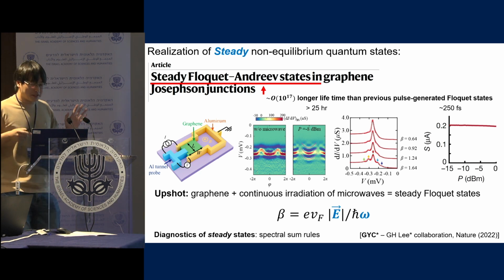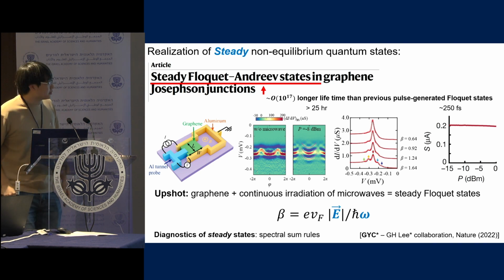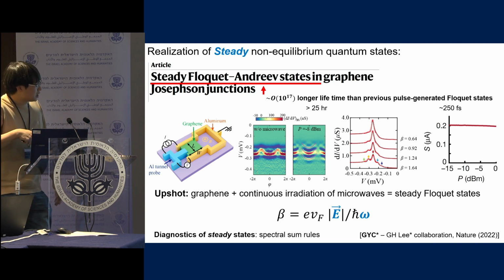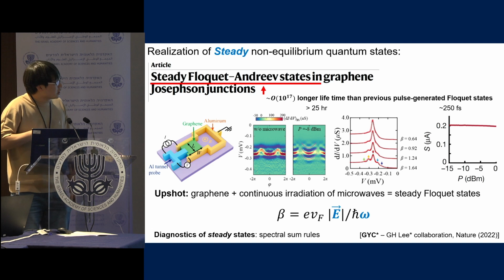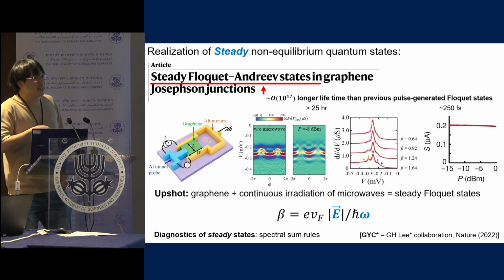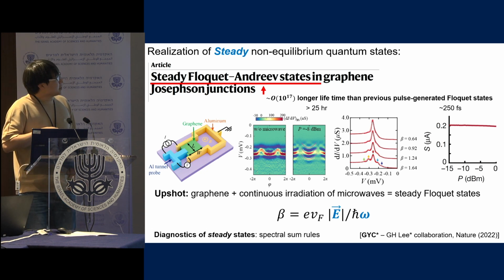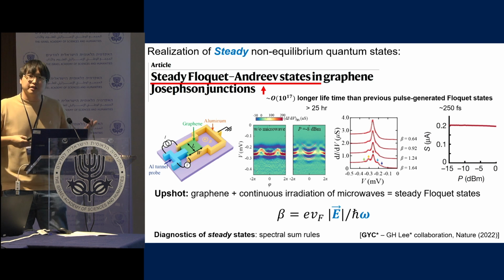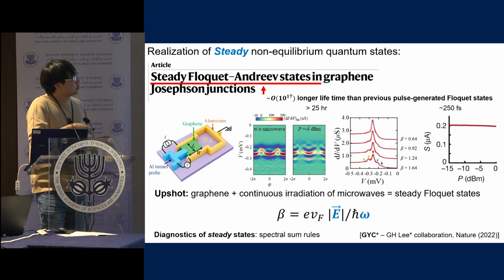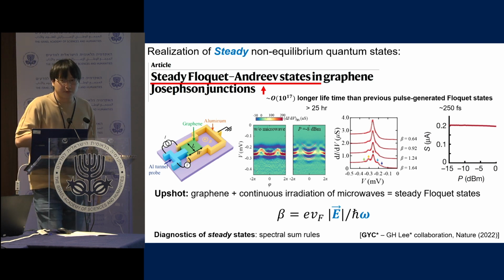Today what I told you is a little bit abstract, maybe too theoretical, but I also work with experimentalists. So recently with our colleague in my department, we realized steady Floquet states. Previously the Floquet states were based on pump-probe experiments, which survive only like 250 femtoseconds.